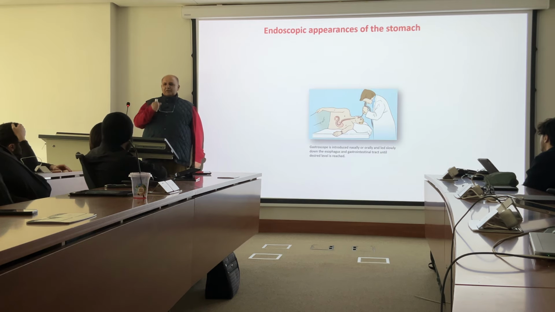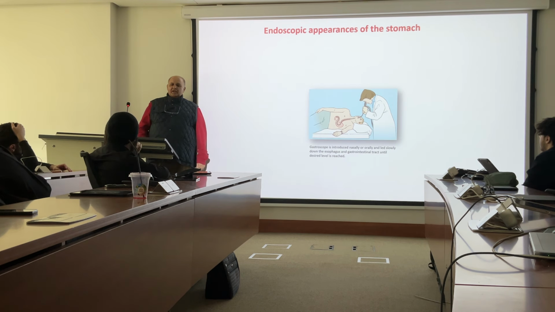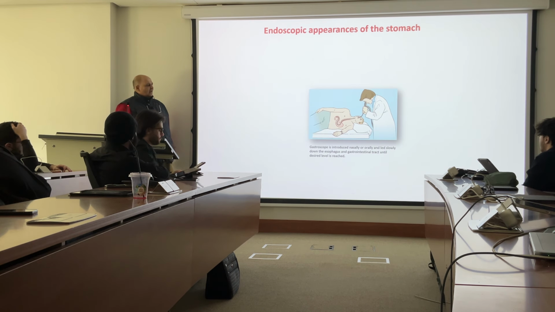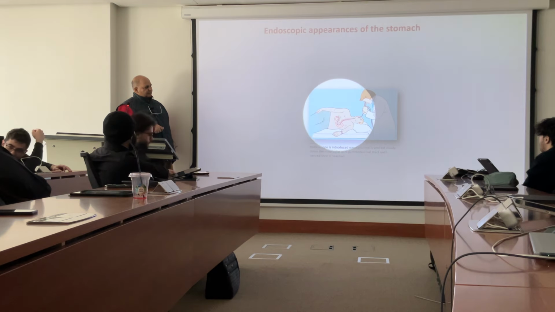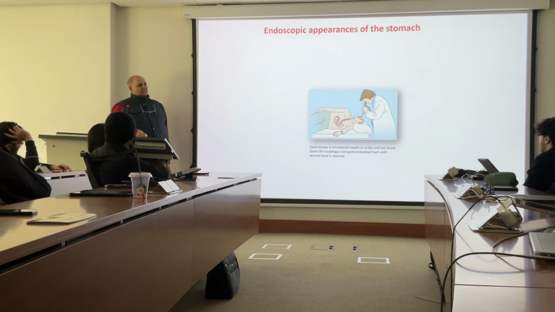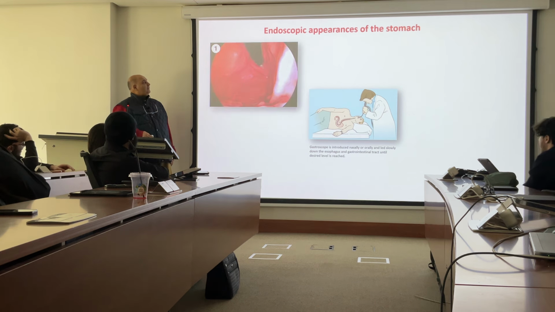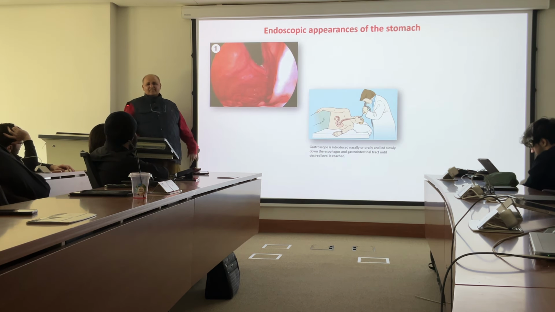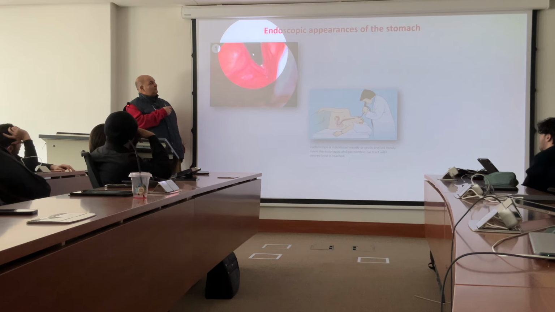Now, I'm putting an endoscope into the stomach and I've reached the duodenum. I want to see the different parts of the stomach. Where am I? You can guess. Cardiac end. Why? Because I can see my scope.